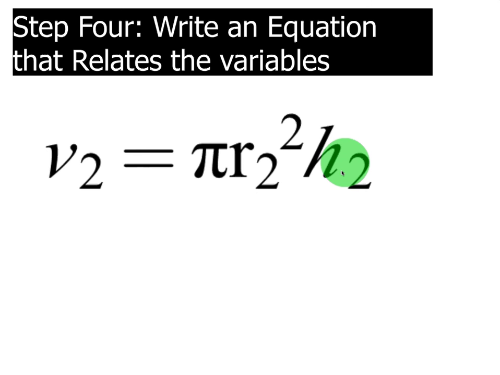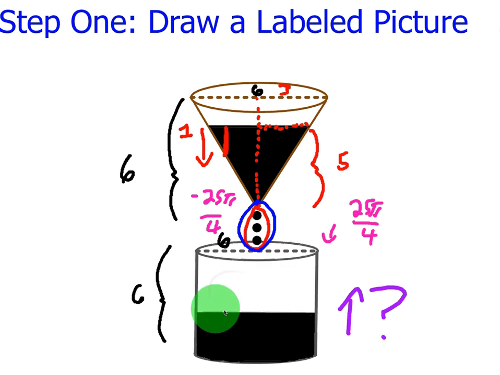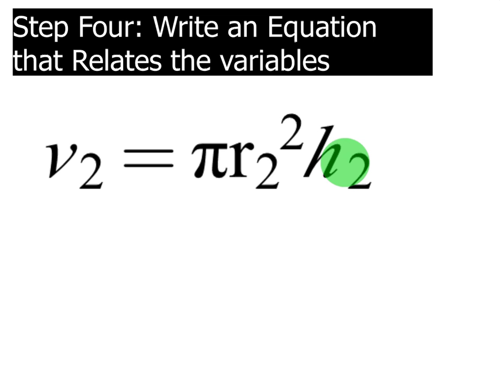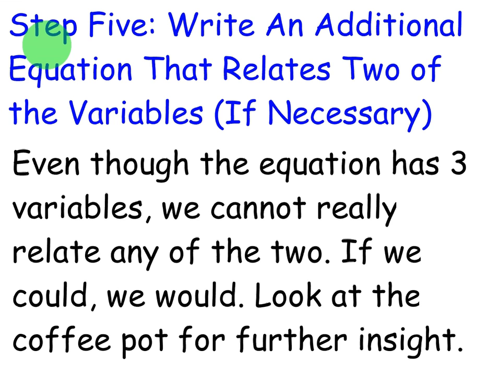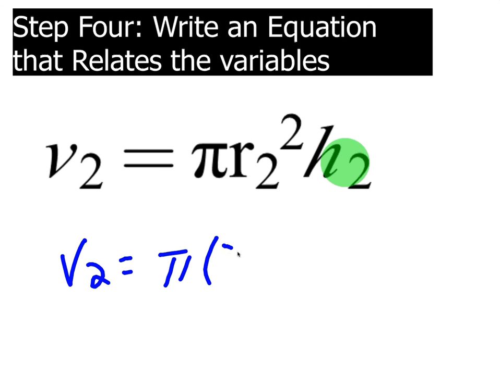Now the thing is, the radius of this water will not change, right? It will always be 3, half of 6. So we can write V2 equals pi times, whoops, not 6, it's 3, 3 squared times H2.